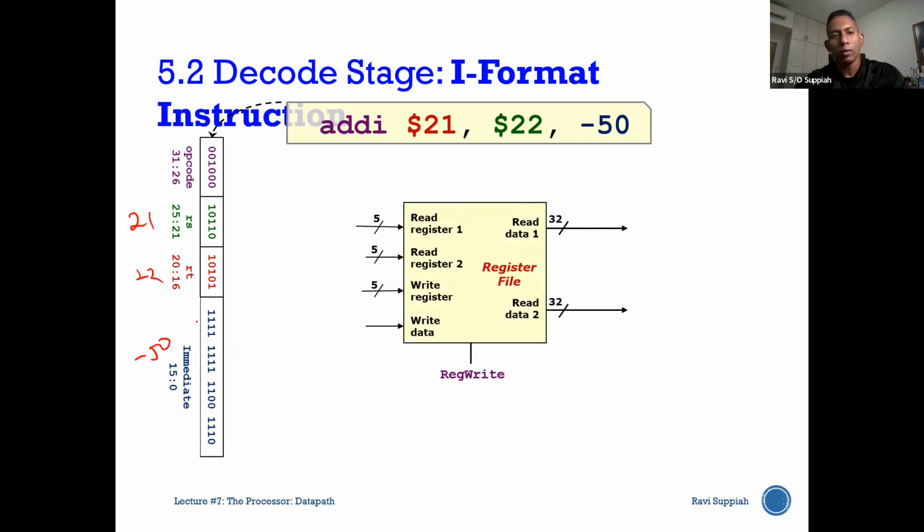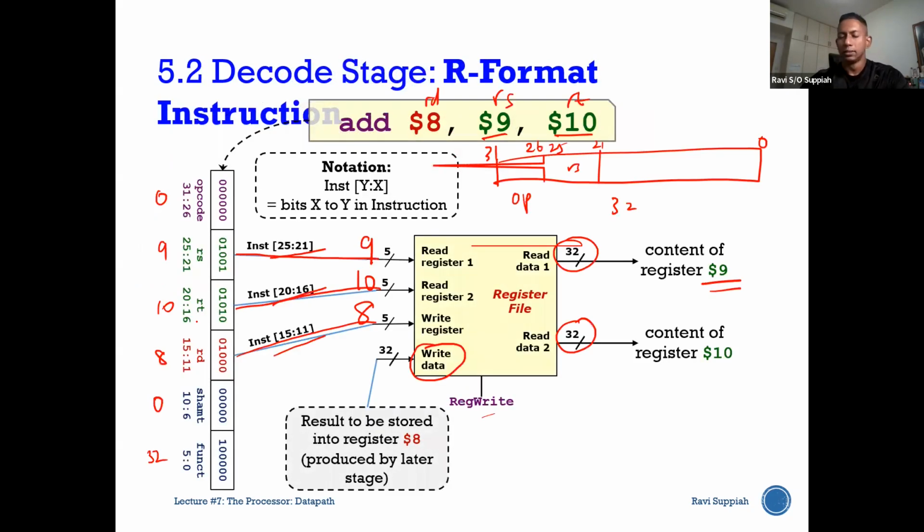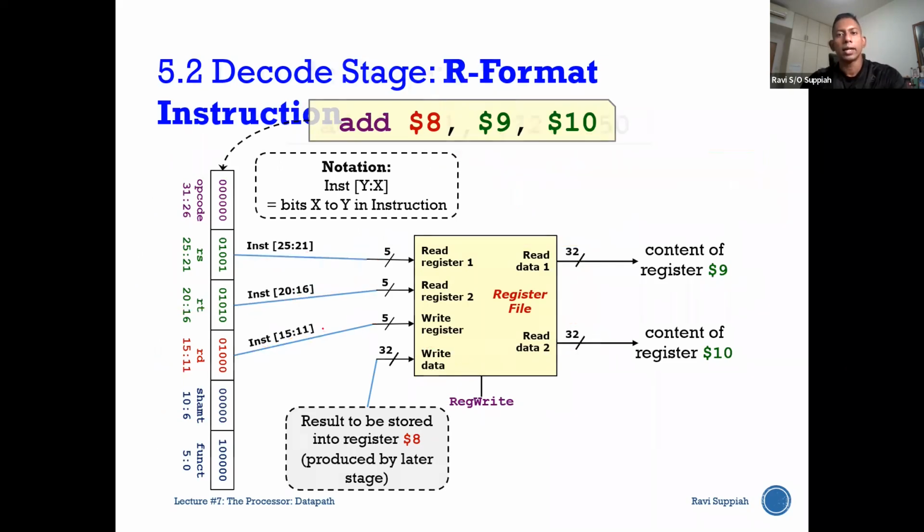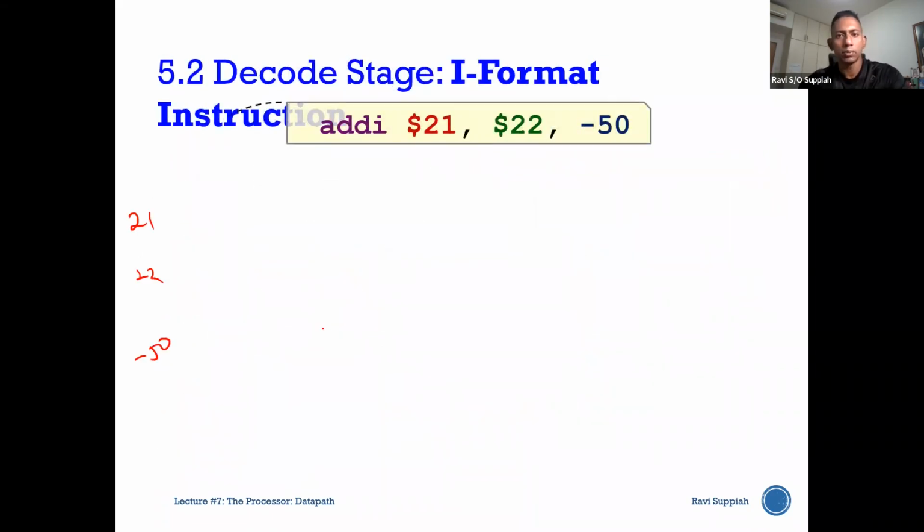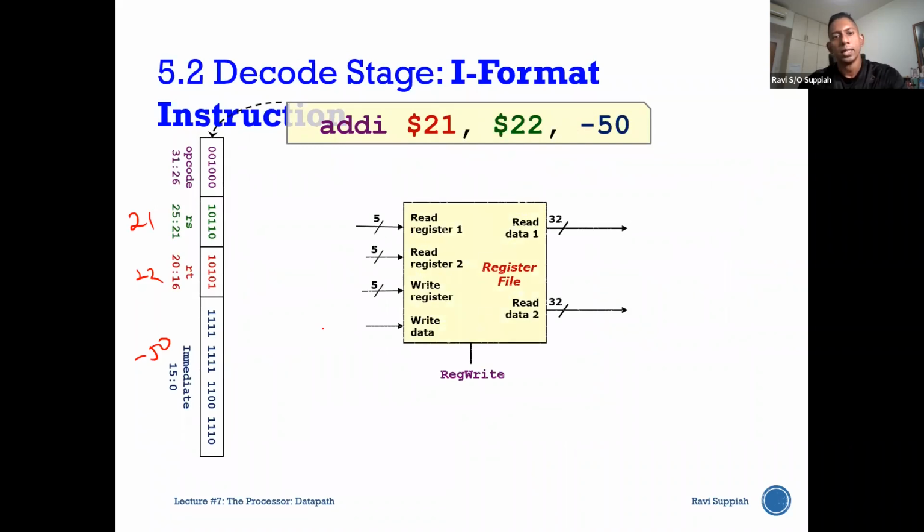Now, just now I mentioned that this has to be hardwired, correct? That means all this is connected directly through wires. Now, if I stick to the same hardwired connection and try to execute this I-type instruction, then what happens?